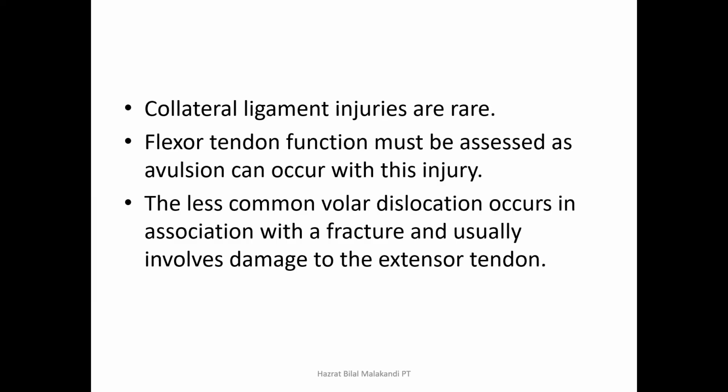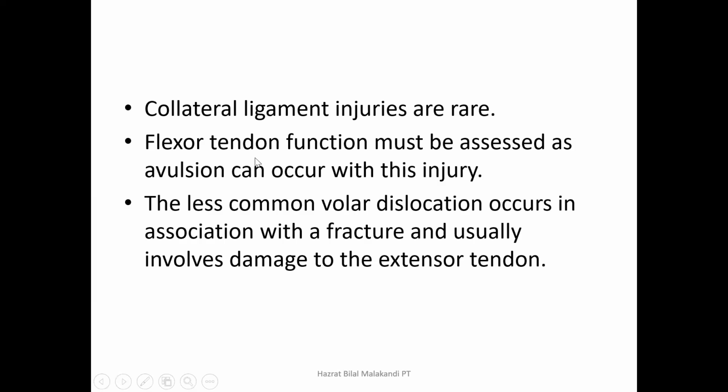Collateral ligament injuries are very rare as compared to the PIP, where collateral ligament injury often occurs; in the DIP dislocation the involvement of the collateral ligament is very rare. Flexor tendon function must be assessed, as avulsion can occur with this injury.